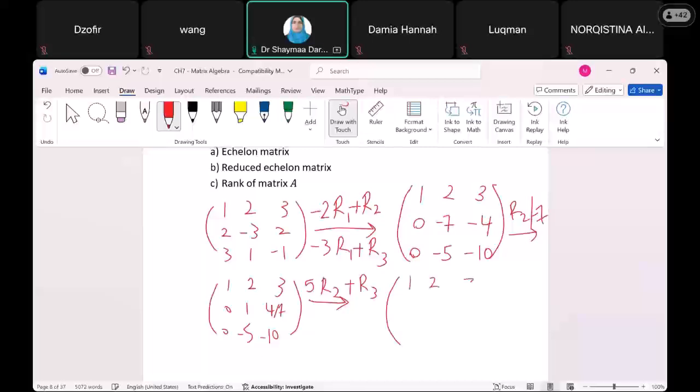So 1, 2, 3, 0, 1, 4 over 7. I have 5 times 0 plus 0, still 0 here. 5 times 1 is 5 minus 5 becomes 0. Now 5 times 4 over 7, which means 20 over 7, minus 10, which becomes how much?